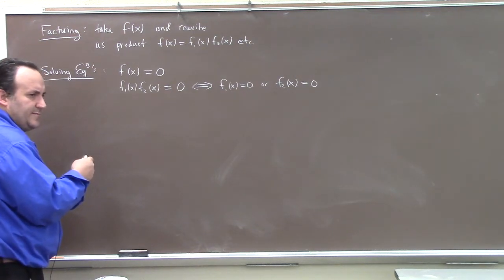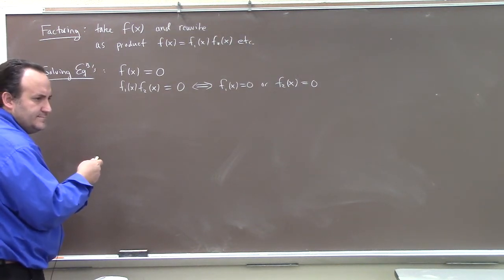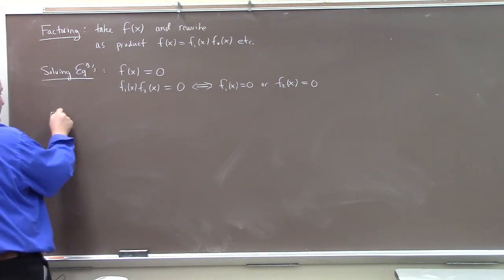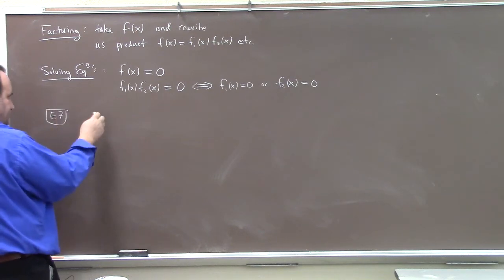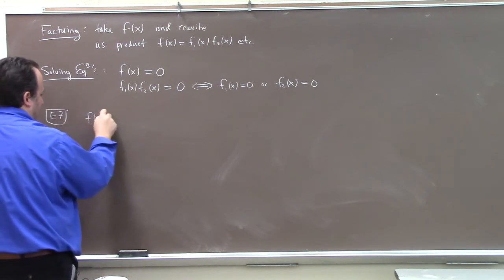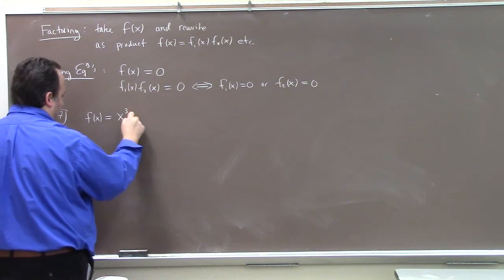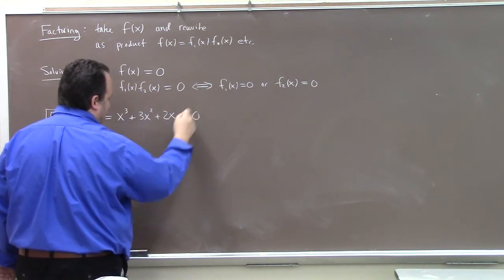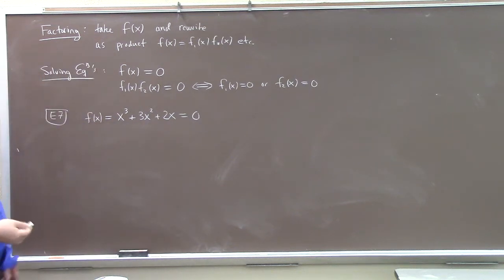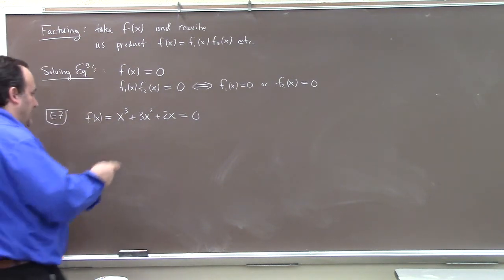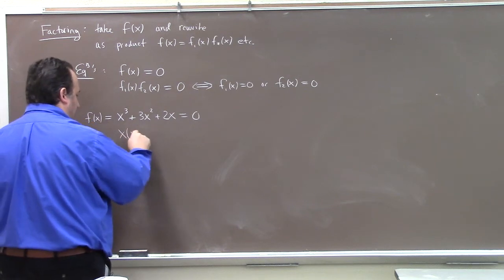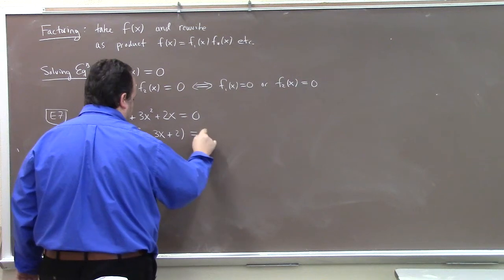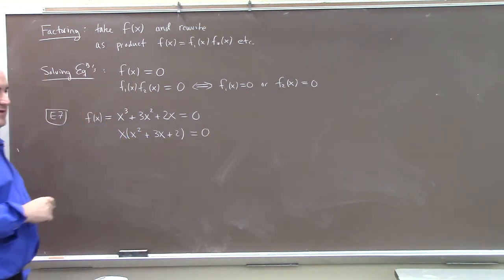So for example, I forget which example I'm on. You guys remember? Seven? I'll take it. So, if I had f of x equal to x cubed plus 3x squared plus 2x equals 0, that's kind of scary. What are the solutions to that? I don't know. But if I trade this for x times x squared plus 3x plus 2 equal to 0, well, I start to know something.